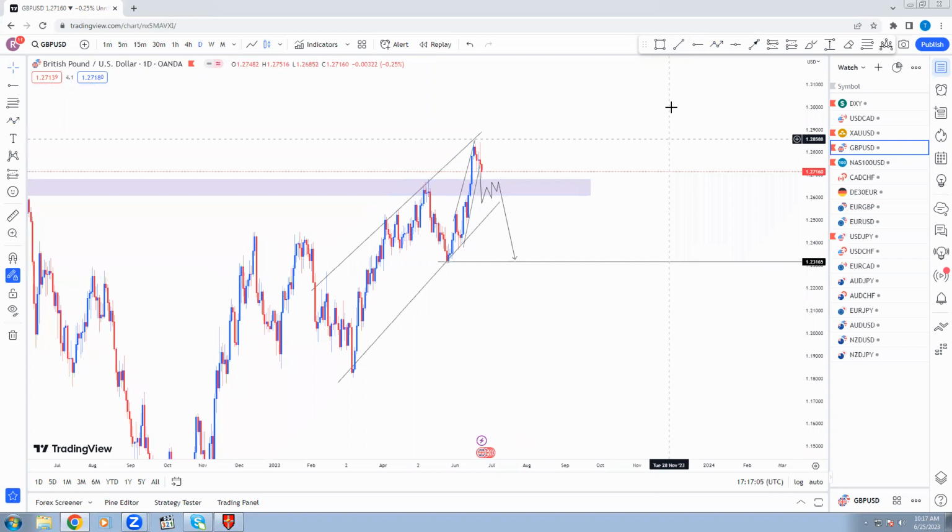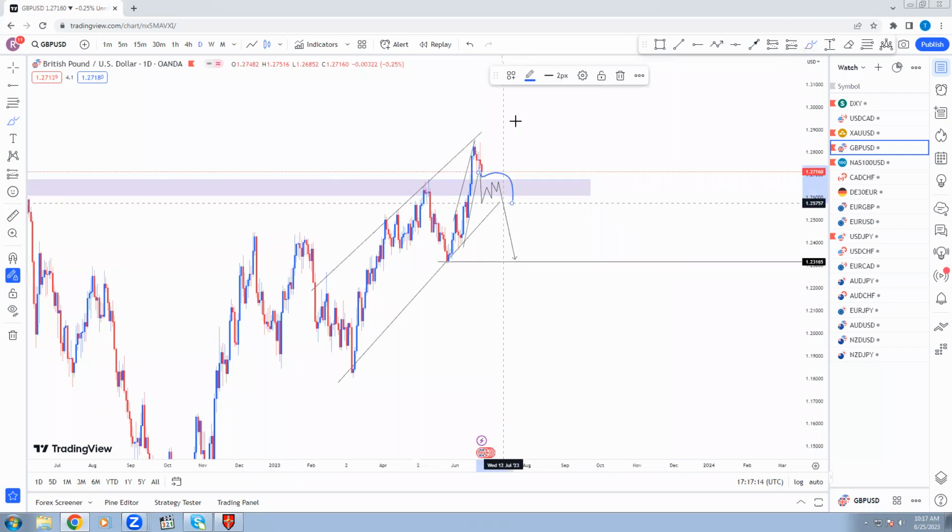Yeah, this is what I might be looking for. But now if the market comes in a very deeper correction, it plays around here, retesting this, I'll be taking my buying opportunities. But for now, let me just look for selling opportunities also in GBPUSD.